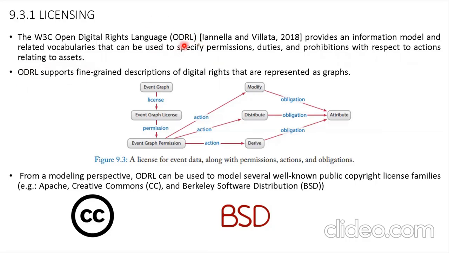Namely, ODRL supports a fine-grained description of digital rights that are present as a graph. Here, figure 9.3 illustrates a license granting the assignee the permission to modify, distribute, and derive a work from the event graph, but the assignee has to attribute the copyright holder.